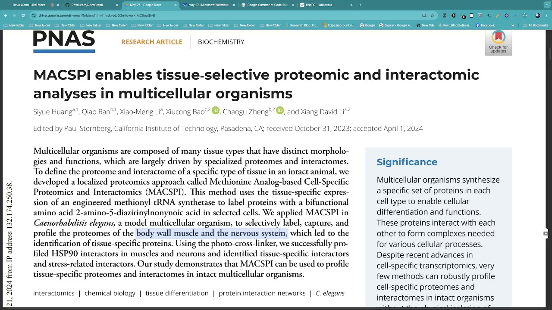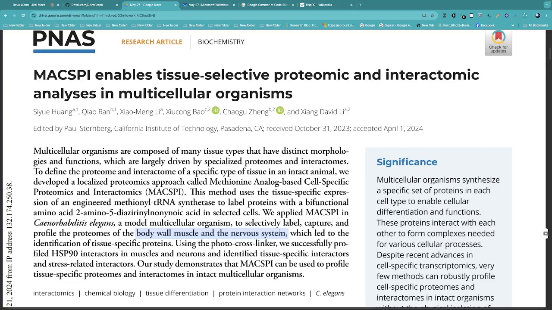It's usually the muscle tissue there, not the epithelial tissue. And then the nervous system, which is, of course, all of the neurons, both in the central nervous system. There's some neurons in the tail and some nervous system cells along the lateral line of the worm. So this is what they're profiling.